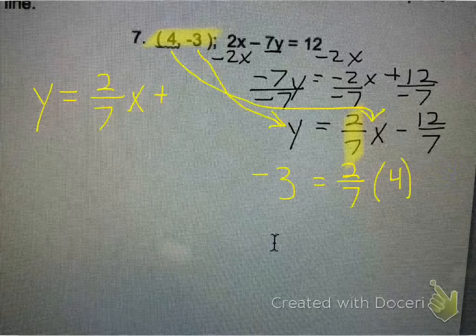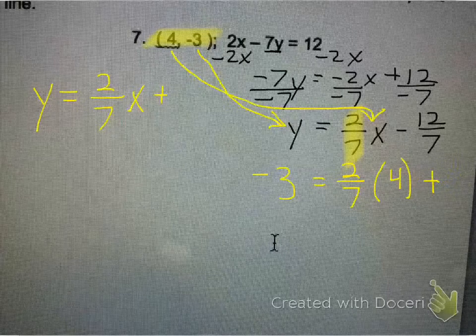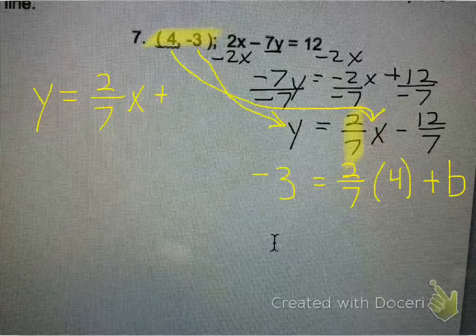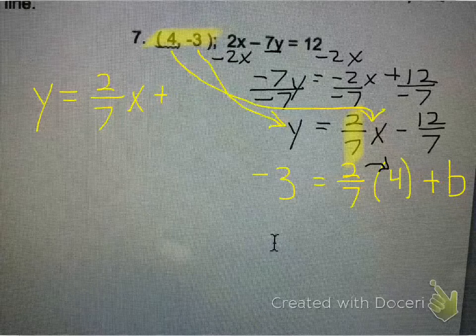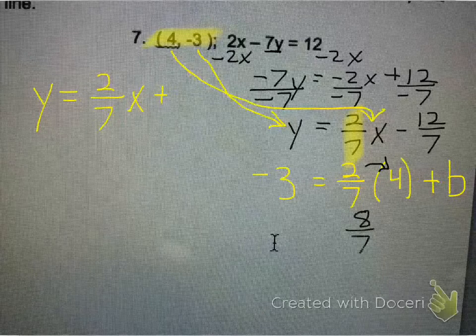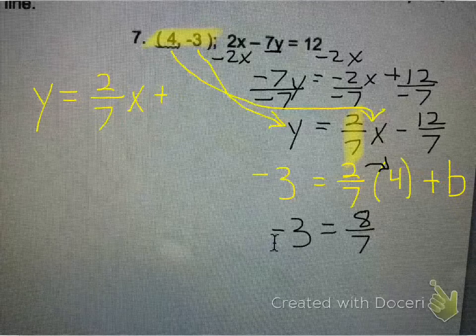Because we're trying to figure out what am I adding to this. We're figuring out what is the y-intercept. So we're just going to solve this now. 2/7 times 4, and you can use your calculator if you need to, but you're just multiplying the top there. So that'd be 8/7, plus whatever b is.